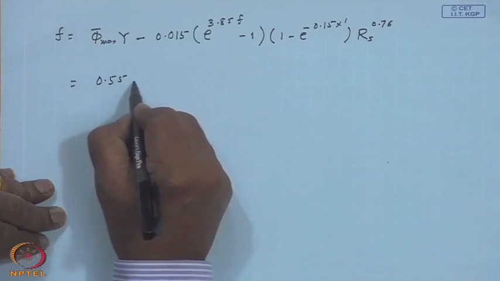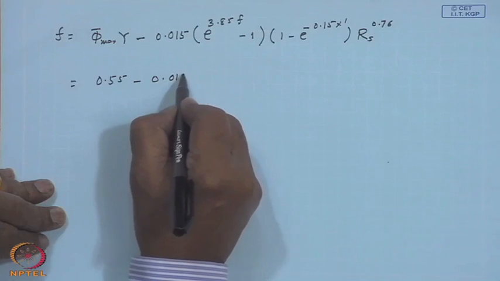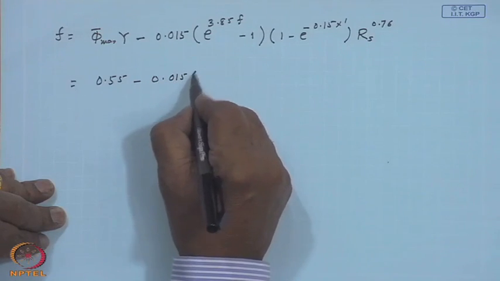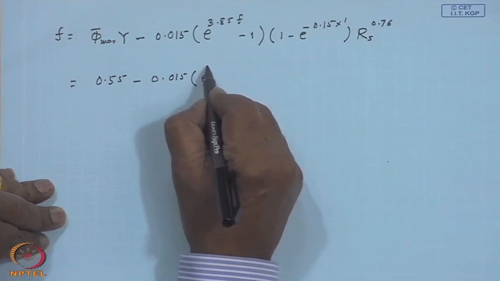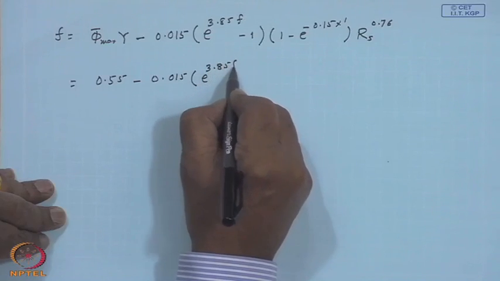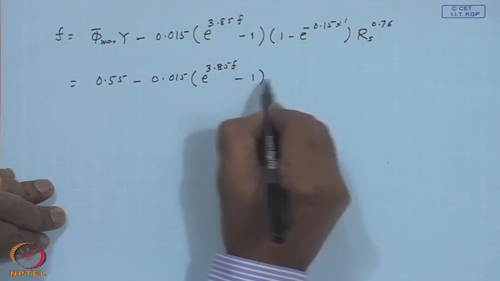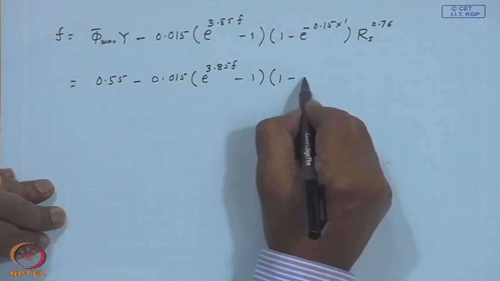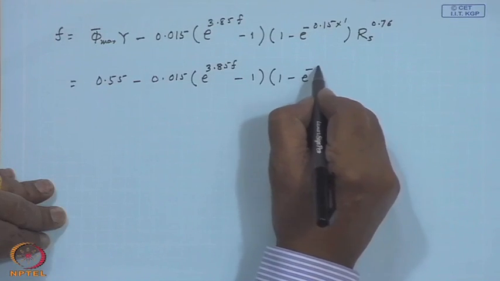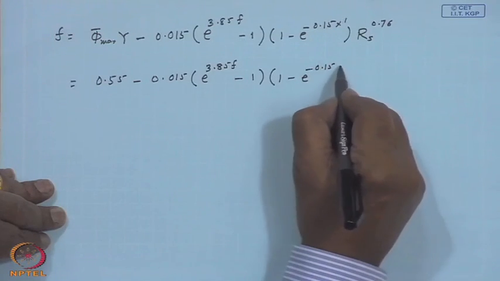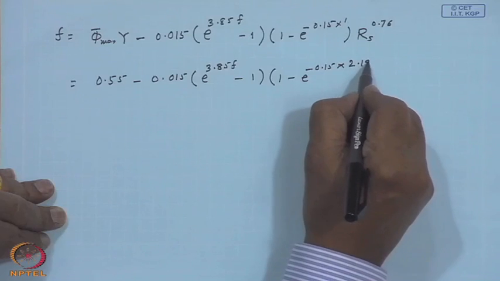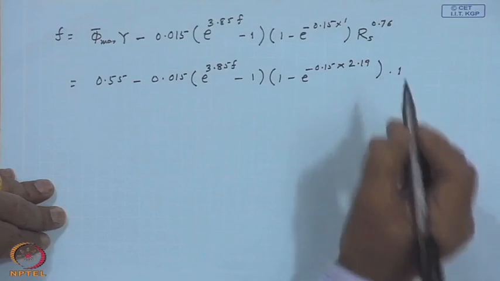0.55 minus 0.015 times e to the power 3.85 f minus 1 (this is not known because f is not known; 3.85 f remains as it is), times 1 minus e to the power minus 0.15 into x dashed, which is 2.19, into 1.